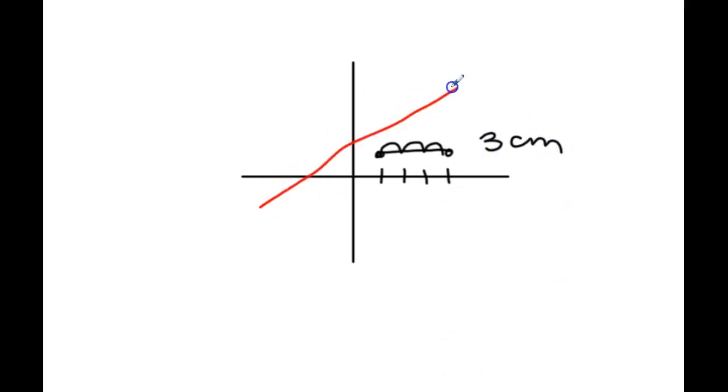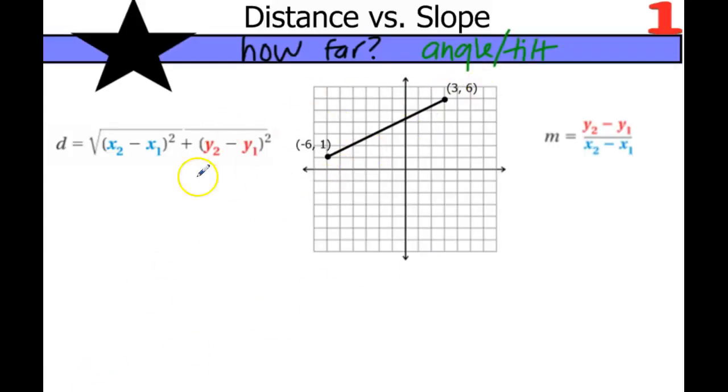But since we have a diagonal line, we can't count diagonally like that. It does not work. You have to count straight left and right or straight up and down. And because our line is diagonal, we have this equation to help us figure out the length or the distance. Another word for the distance would be the length of the line. How far is it? If we put a ruler up to it and measured it, how long would it be?